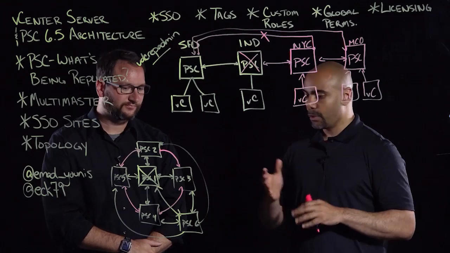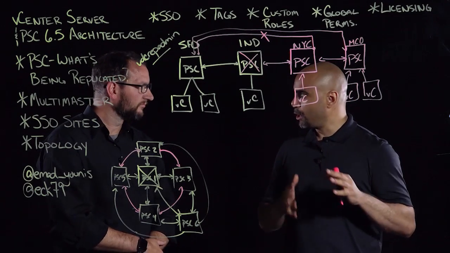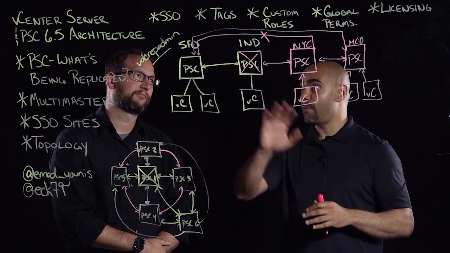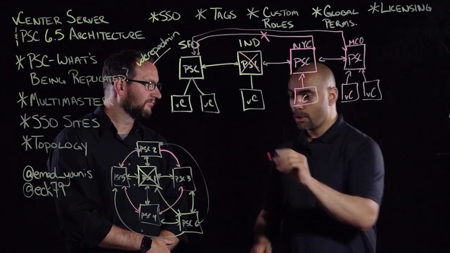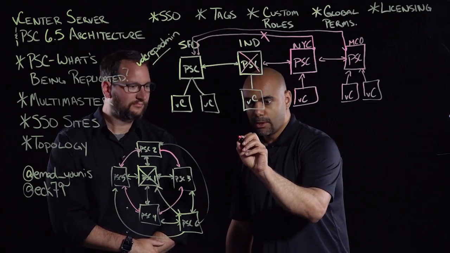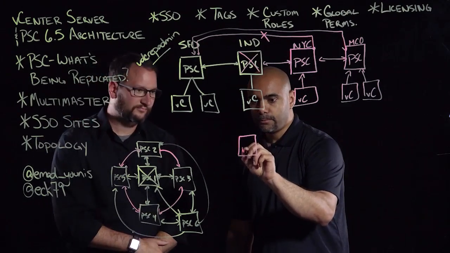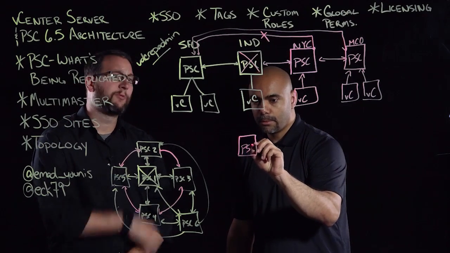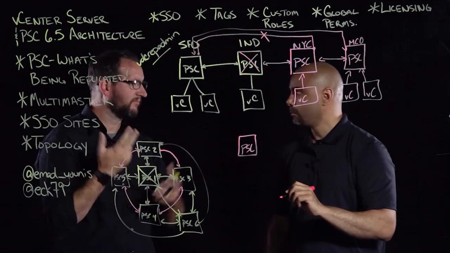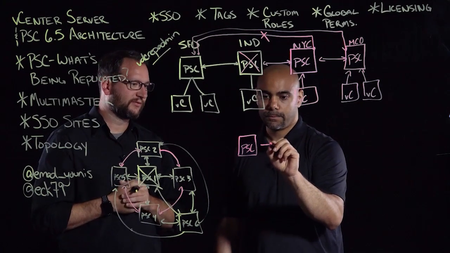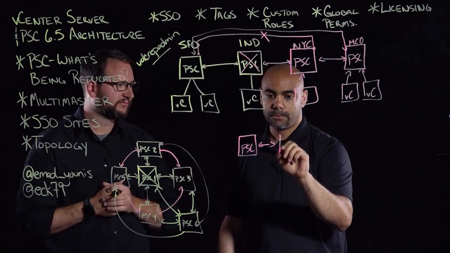Okay. So I think we should draw out another one, but showing now what would happen if we had multiple PSCs within each site. So let's start here. So maybe we can just replicate what we have up top, down below. Sure. So you can start out with San Francisco.